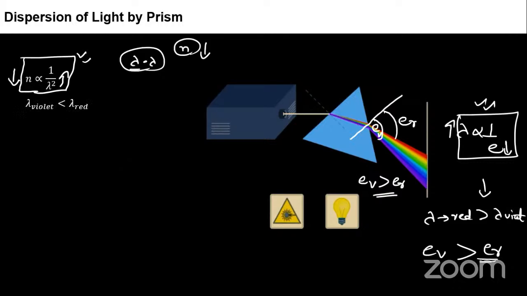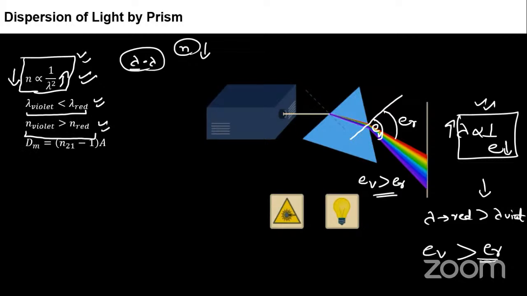Now we know from the electromagnetic spectrum that lambda of red is greater than lambda of violet. Also, by using this equation, since refractive index is inversely proportional to lambda square, the refractive index for violet will be greater than for red.